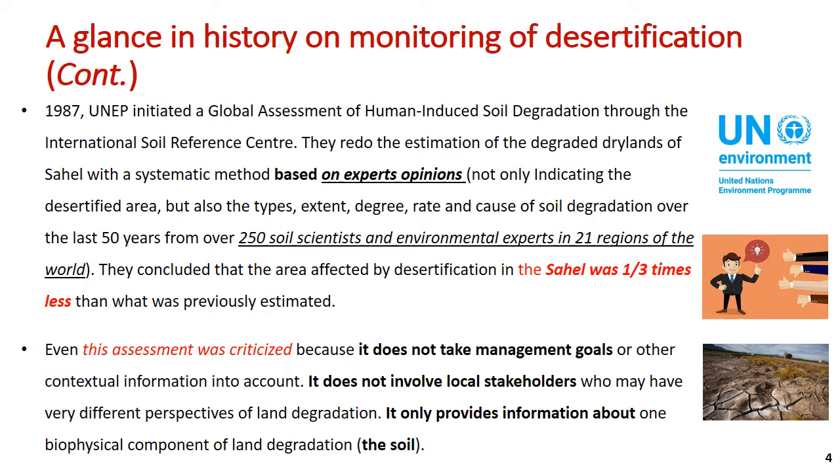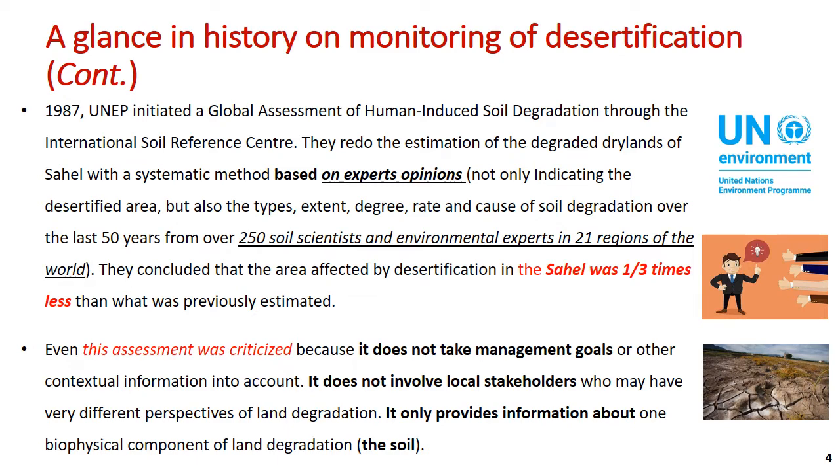If you go back to the definition of desertification, you will find at the end of the day that when you talk about human causes, it has to consider the 3 sustainability pillars: the socio-economic, the political things, and the environmental factors. So this assessment by the experts was criticized because it did not take into consideration all the 3 aspects that are in the definition.